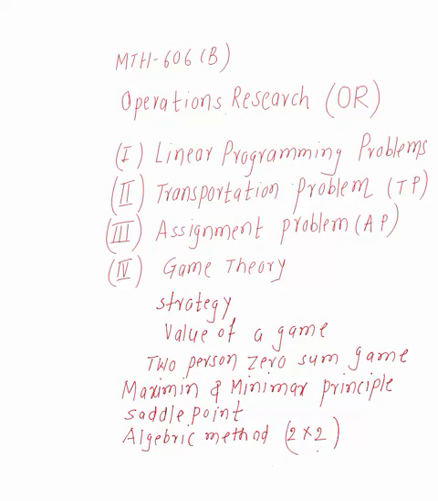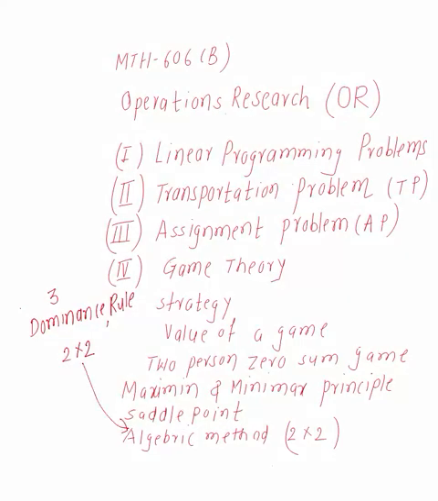We will also learn dominance rule. There are three dominance rules. Using these rules, larger game can be reduced to a 2 by 2 game, and then we use algebraic method to solve such a game.